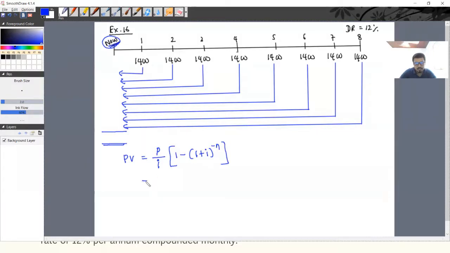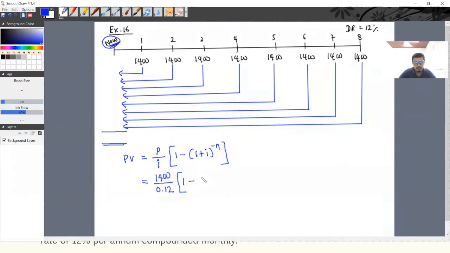Let's substitute these figures. What is the value of P here? P means the periodical payment that we make. At the end of each and every year, we are making a payment of 1,400. Over the interest rate or discount rate, that is 12%, which means 0.12.